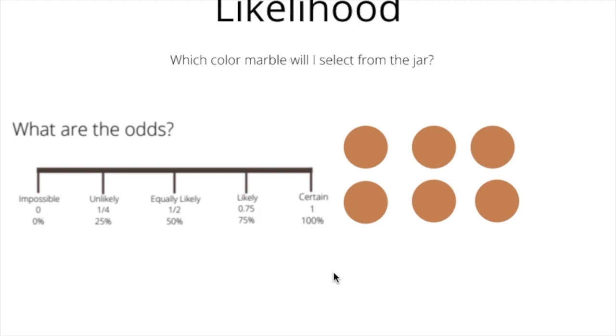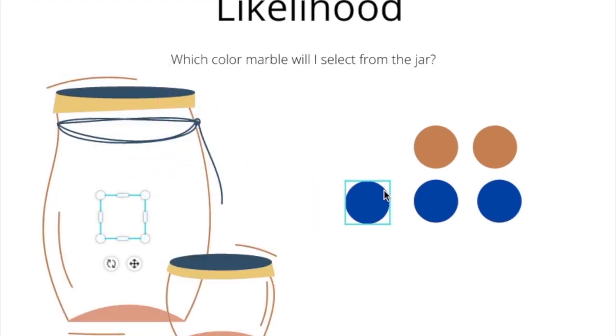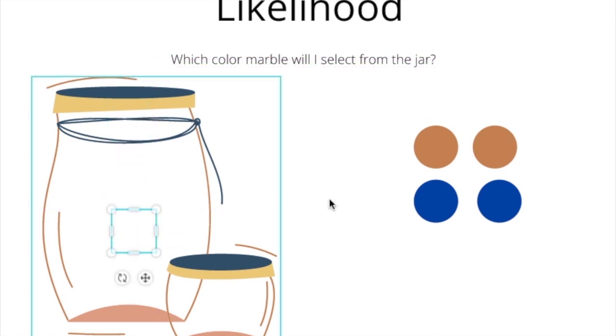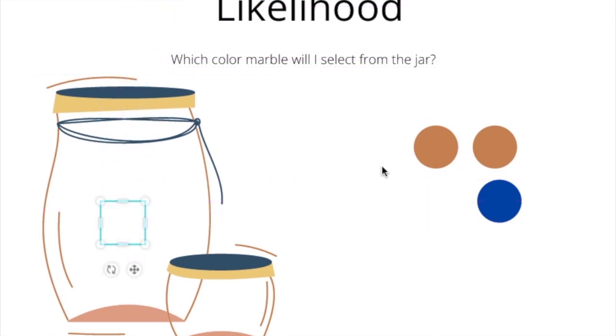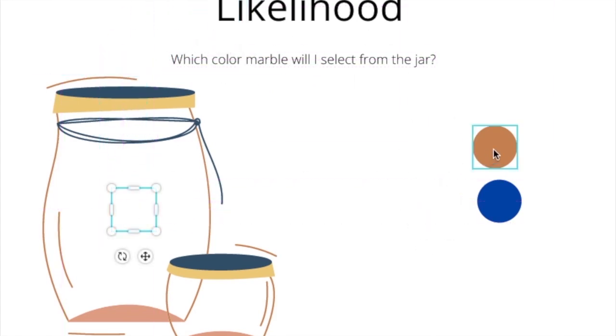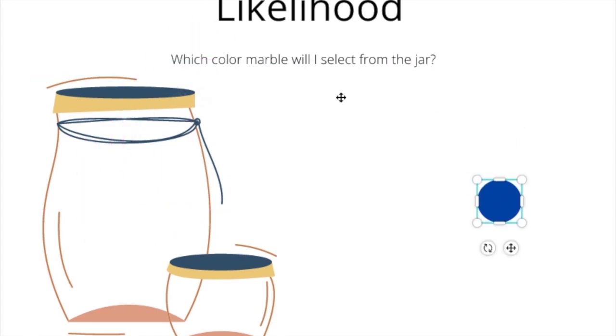However, this answer would change if we changed up some of the colors of the marbles that we have. So let's make 3 of these marbles blue. And now I'm going to drop these marbles into the jar again. Now it may not be as clear which marbles I'm going to select from the jar at first.